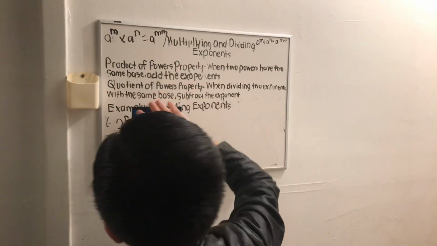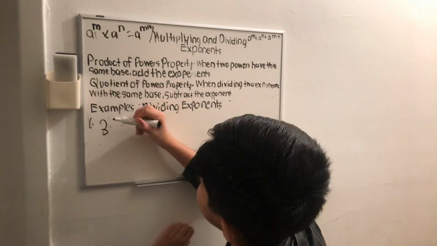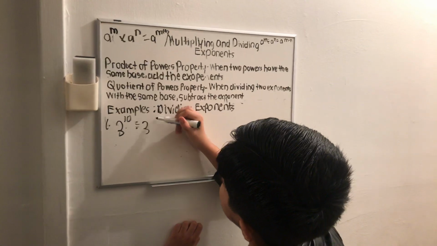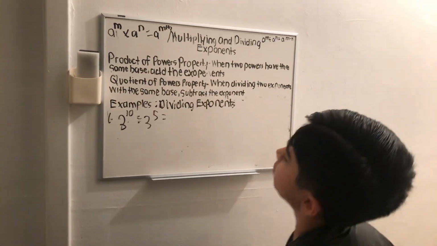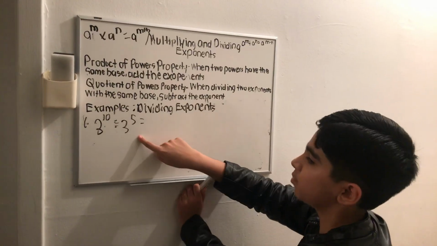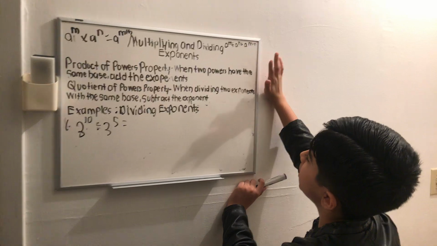How about we just get 3 to the 10th power divided by 3 to the 5th power? This time we're not adding exponents because we're dividing exponents. So for dividing exponents, you have to use the law for dividing exponents.